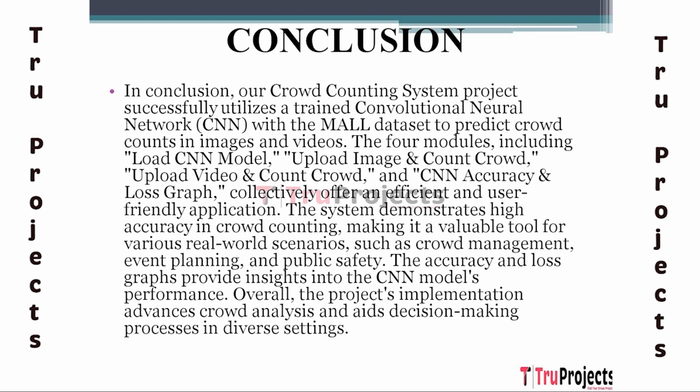The system performs well in crowd counting, making it a useful tool in a variety of real-world settings such as crowd control, event planning, and public safety. The accuracy and loss graph provides information about the performance of the CNN model. Overall, the implementation of the project advances crowd analysis and aids decision-making processes in a variety of scenarios.